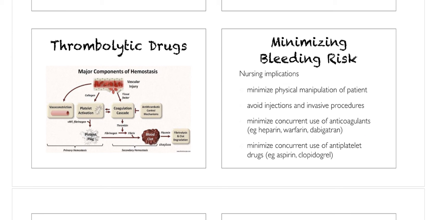So we would probably want to cut out heparin, not give our doses of warfarin or dabigatran, because we don't want to have this synergistic effect. Heparin may be used afterwards, especially unfractionated heparin, to sort of stabilize the effects of TPA, but we probably would not want to give it along with TPA. We also want to make sure that we're not giving any antiplatelet medications right away or along with it.